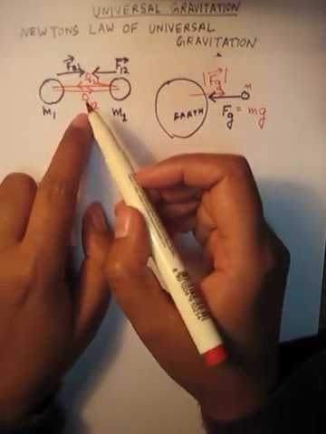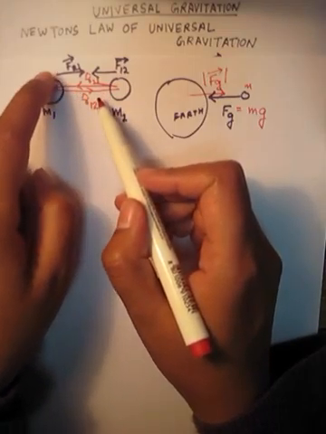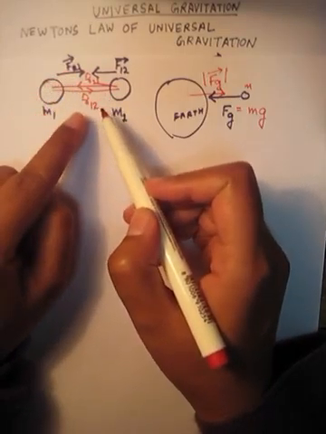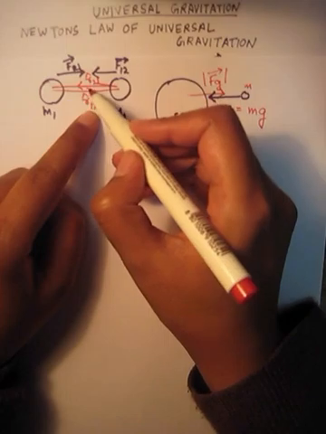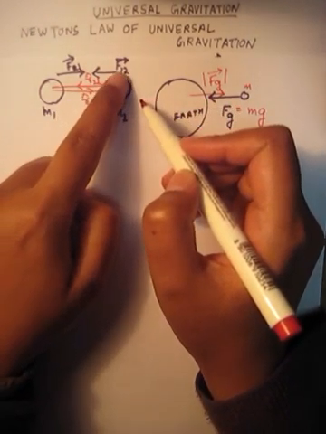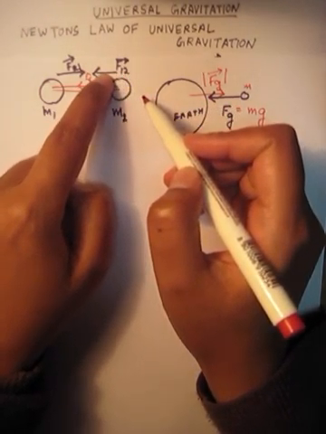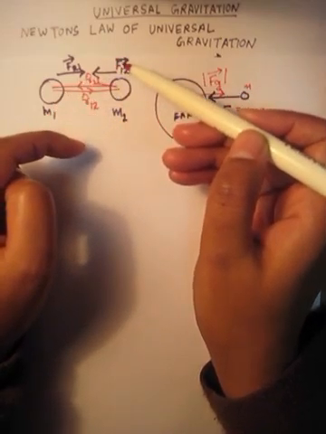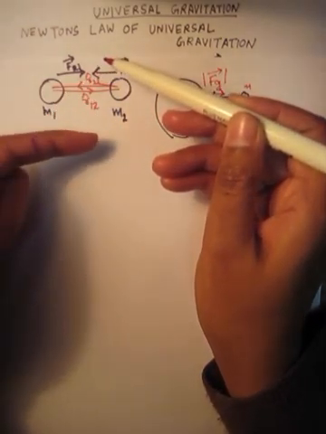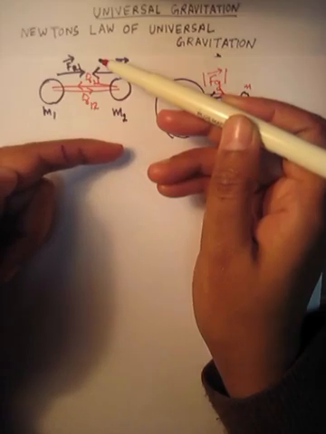These unit vectors are opposite to each other, and they are also opposite to the forces. You see that R12 unit vector is directed towards the right, while F12 is directed towards the left. So if F12 is in this direction, R12 is in this direction. They are opposite to each other.